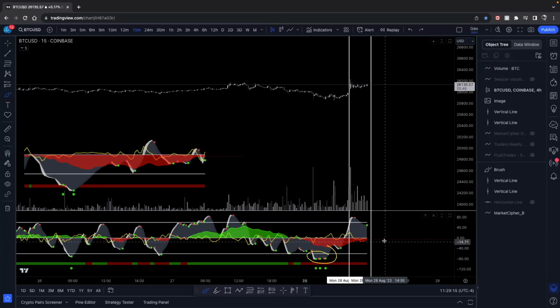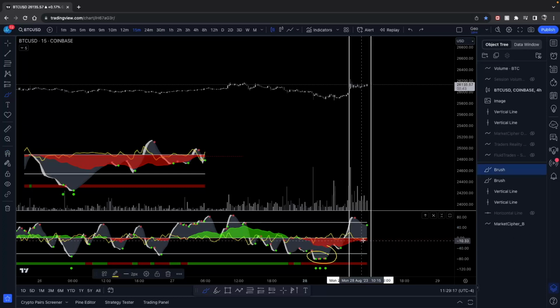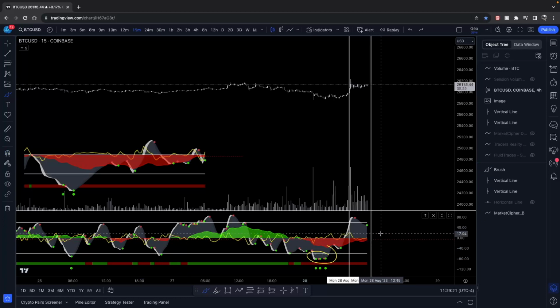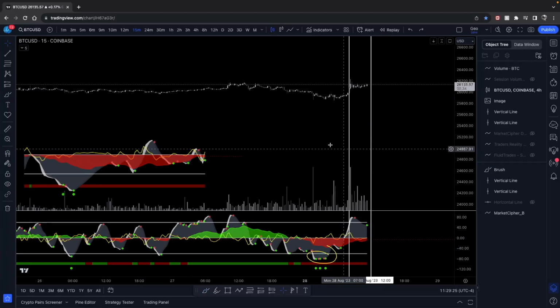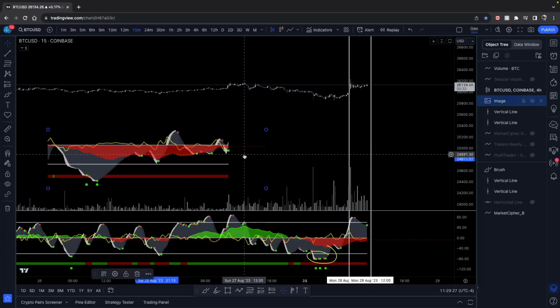We don't know what's going to happen. Or you can say when the money flow crosses into the green on the candle close, you can enter there. So there's variables to it, right? But this is how you're going to backtest, and this is how you're going to build your strategy.